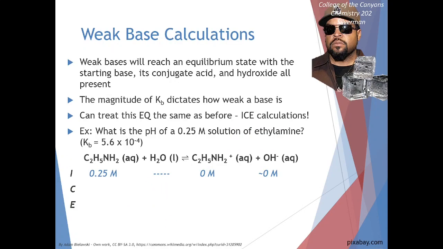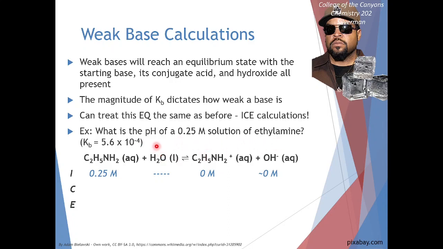If we want to deal with our weak bases quantitatively, well, good news again, we can go back to our ICE calculations. The magnitude of Kb dictates where our equilibrium position will lie, and we can do our ICE calculation to solve numerically what that value is. So for example, trying to find the pH of a 0.25 molar solution of ethylamine.